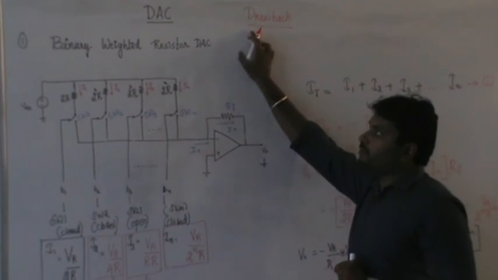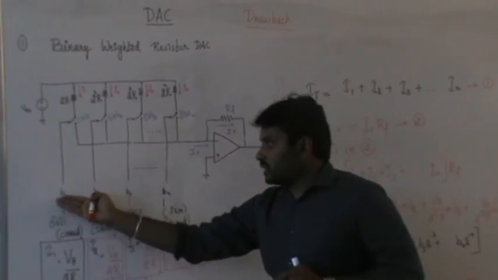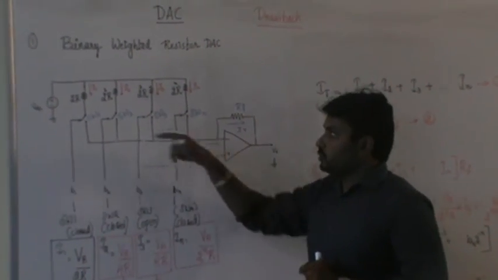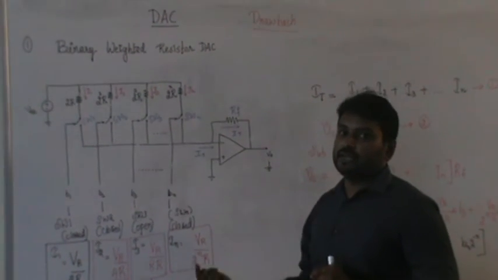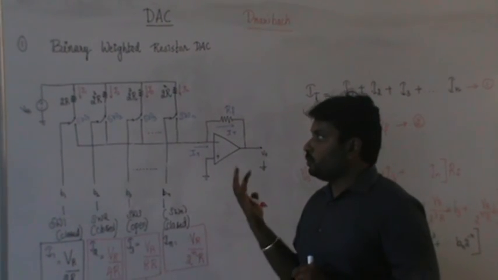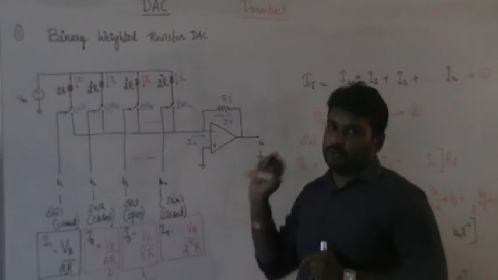The drawback of binary weighted resistor is as the number of bits that you are considering is growing, your resistor values also grow, and it is very difficult to implement or to fabricate or to get the resistor values of such a huge value.